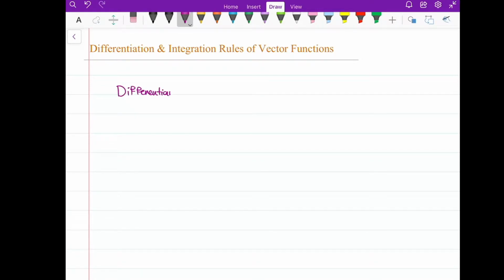In the last video we said that if we have a vector function r of t with the components x of t, y of t, and then z of t, the third component, then the derivative would be the derivative of each of the components: x prime of t, y prime of t, and then z prime of t.